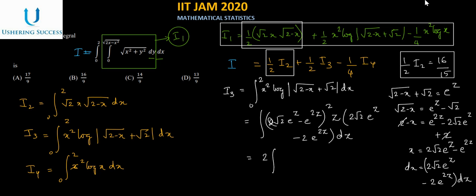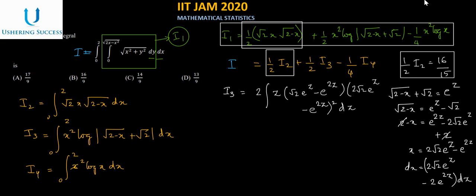So 2 integral of z into root 2 e to the power z minus e to the power 2z into 2 root 2 e to the power z minus e to the power 2z whole square dz.